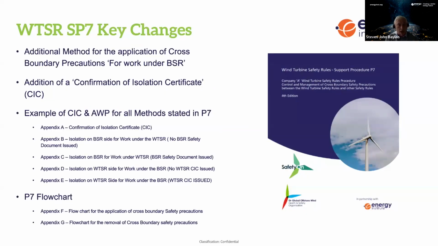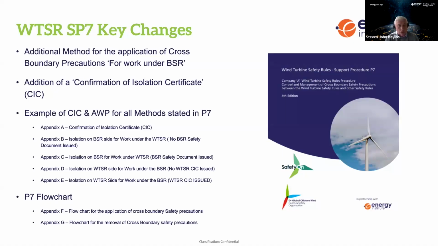So what have we changed in the P7 compared to the previous one? The first thing that was changed is there's now an additional method for the application of cross-boundary precautions for work under the boundary safety rules. We can go into a little bit more of that in a minute with the flow charts.